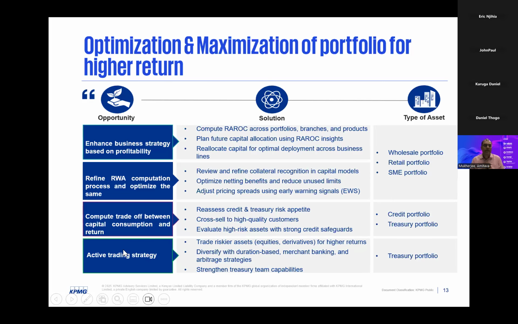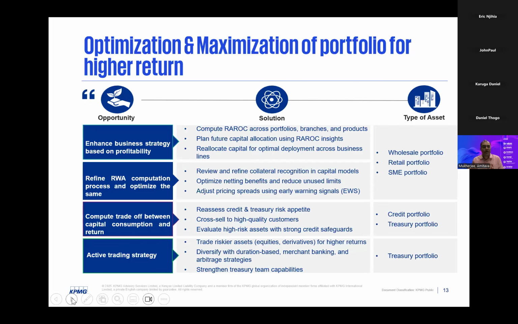And hence RAROC plays a very important role, because RAROC is risk adjusted return on capital. We have to adjust for risk for two reasons. Currently, in the world of Basel, every bank has to maintain a minimum amount of capital. So that is one part of the risk, which is your unpredictable risk. The second part is your provision.